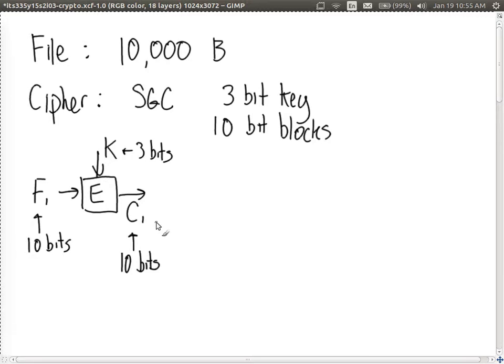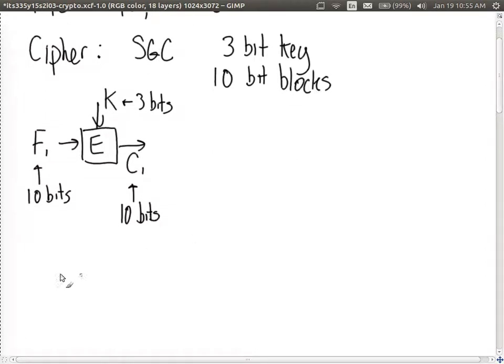We encrypt the first 10 bits of the file, we get 10 bits of ciphertext out, and then in the naive approach, we take the next 10 bits of the file, we encrypt the second block using the same key, and we get another ciphertext as output. And we keep going until we do all 80,000 bits of our file.